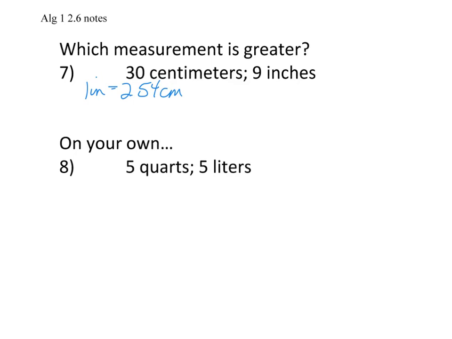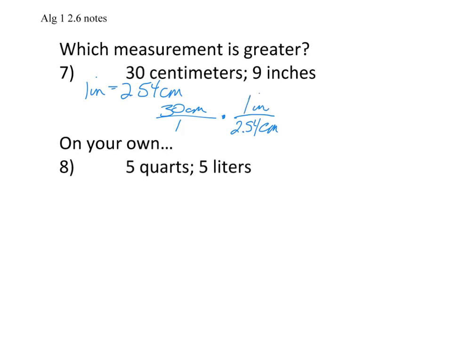And when we know that, we can actually perform unit analysis and figure out which of these is larger. Okay, so I'm going to multiply 30 centimeters times, I'm gonna want centimeters in my denominator again. So I know that I've got 2.54 in my denominator.